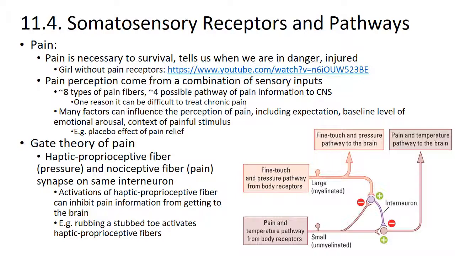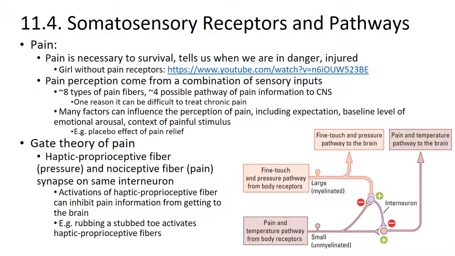One of the prominent theories of pain, which is a little bit controversial, there's many different theories, and there are strengths and weaknesses to any theory, but one of the main theories is the gate theory of pain. In this theory, these 2 fibers, the haptic proprioceptive fiber and the nociceptive fiber, synapse on the same interneuron, so the interneuron mediates the connection between these 2 fibers.